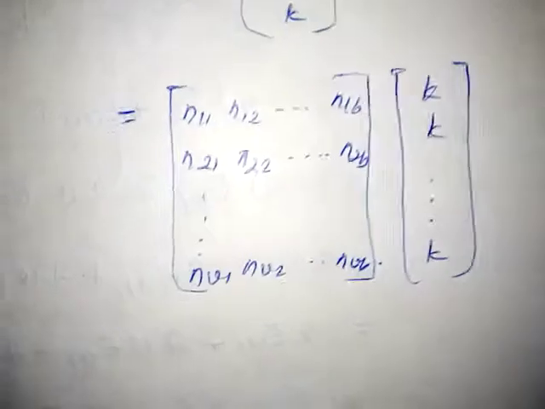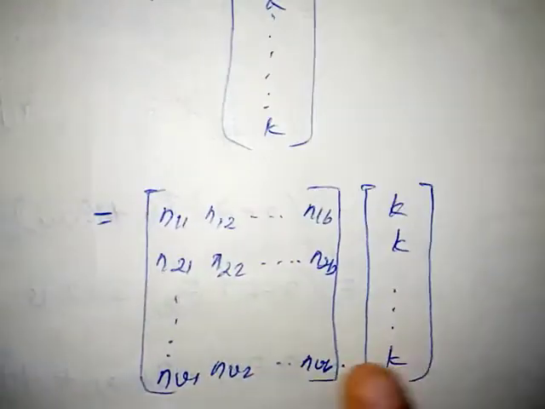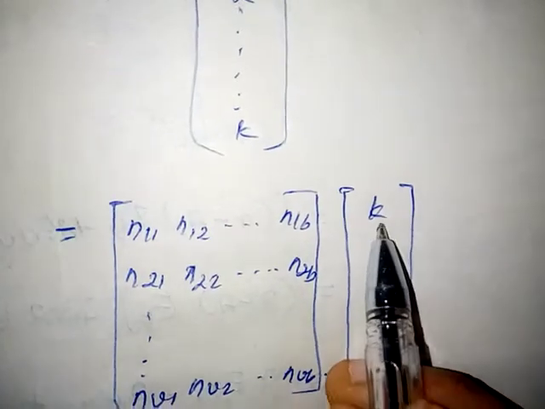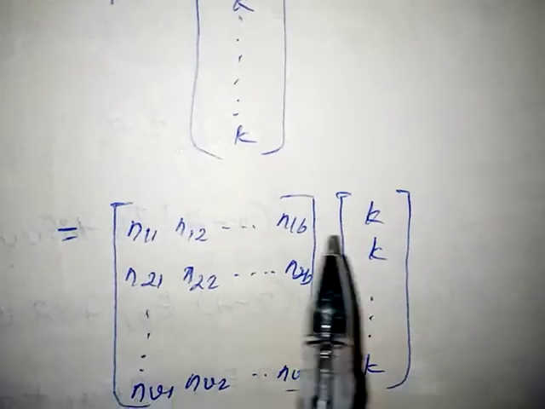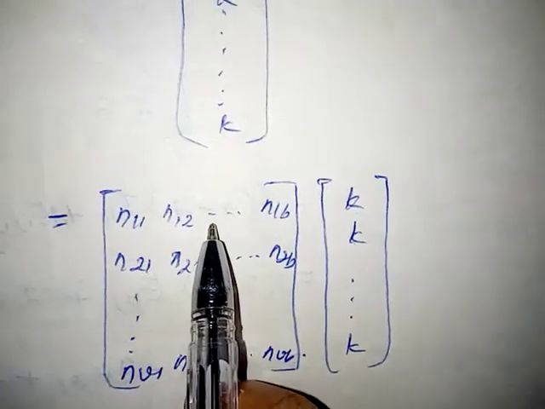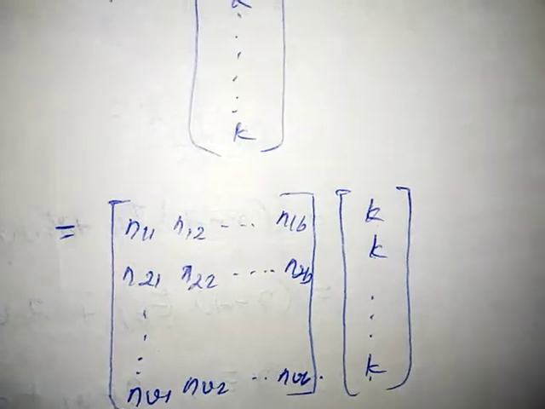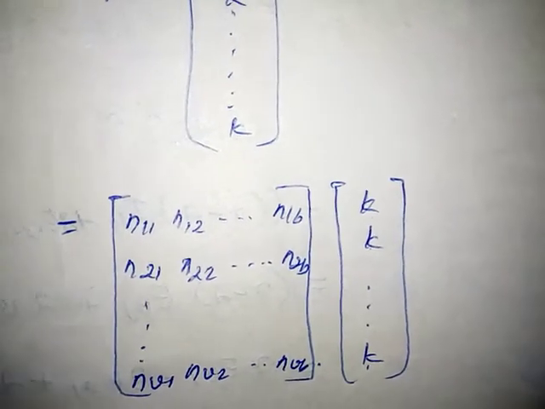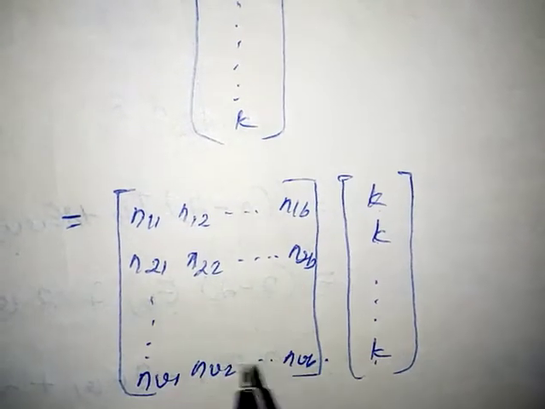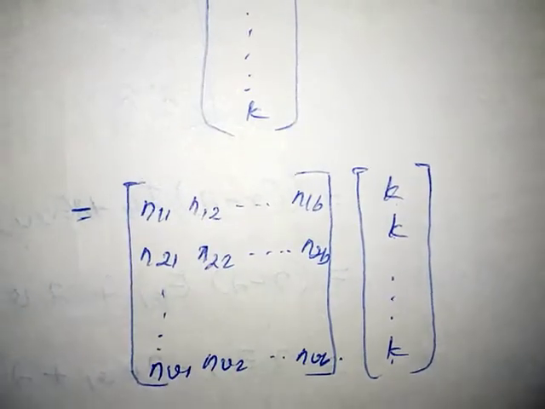Then multiply these two matrices: n11 into k plus n12 into k, and so on, plus n1b into k. In every row it is multiplied by k, so we can take k outside.